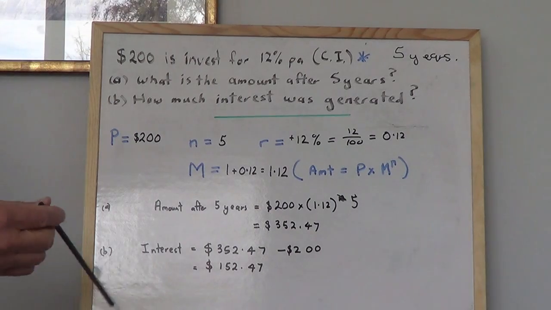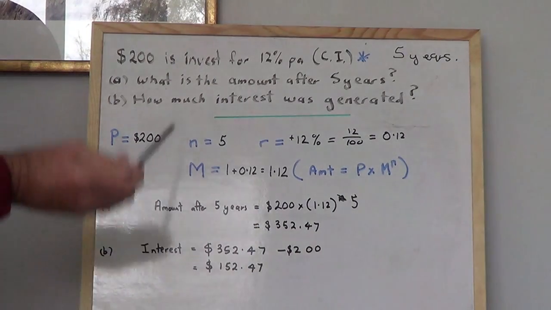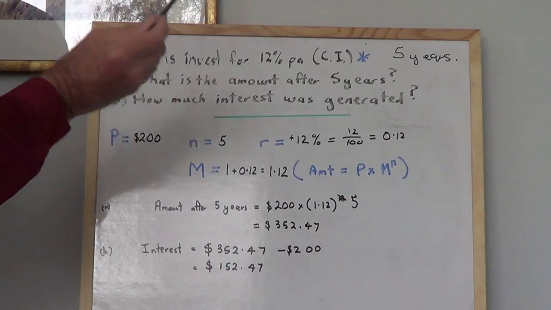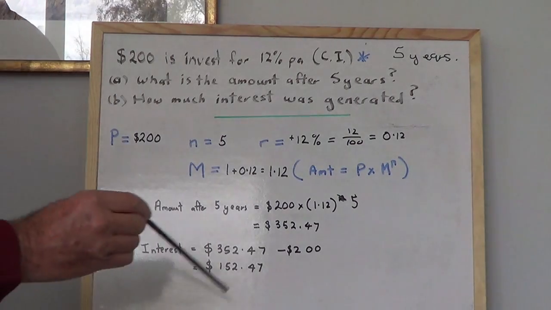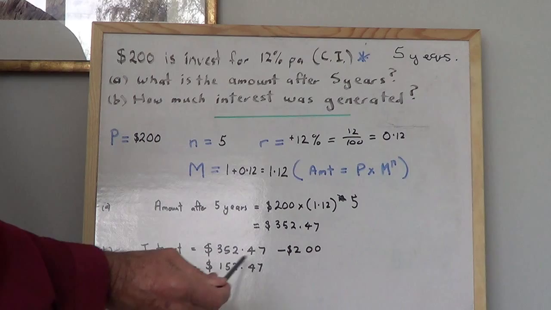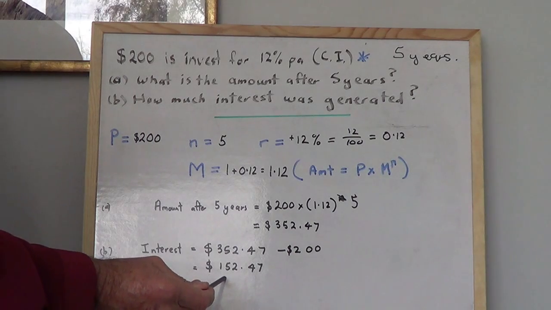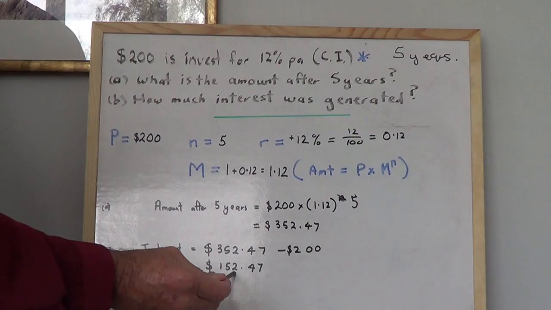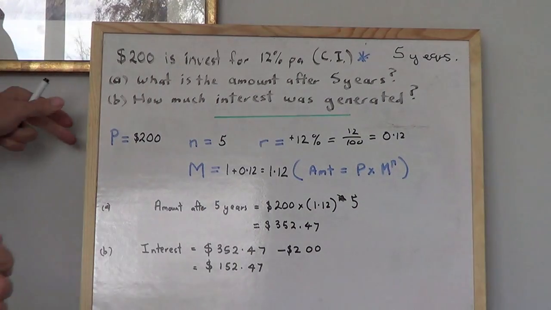Now that's the amount. The interest is the difference between the starting amount and the final amount. So we just take away 200, and the interest that was earned on this investment was $152.47.